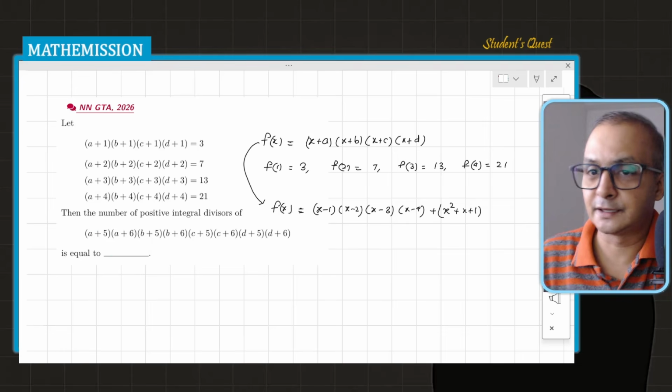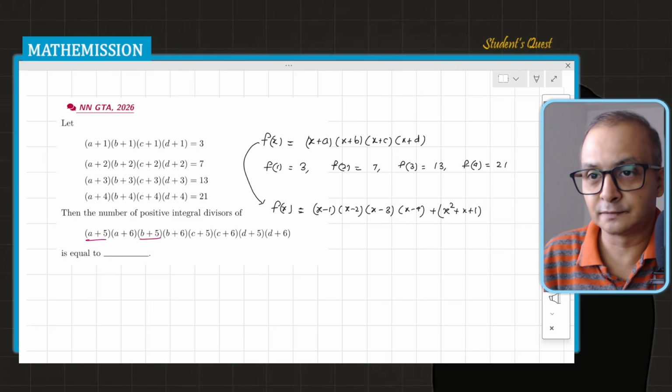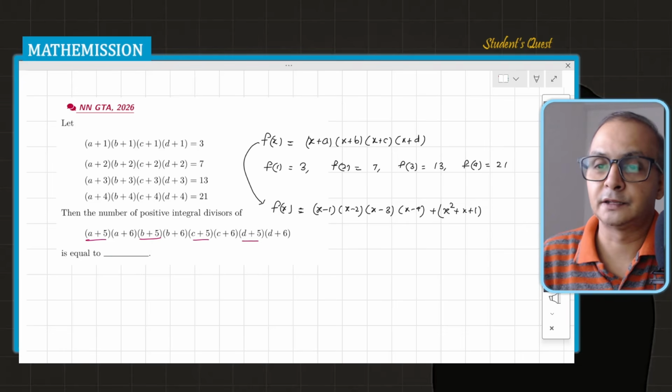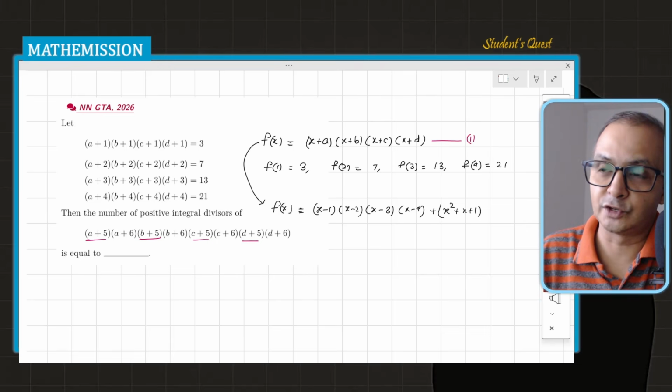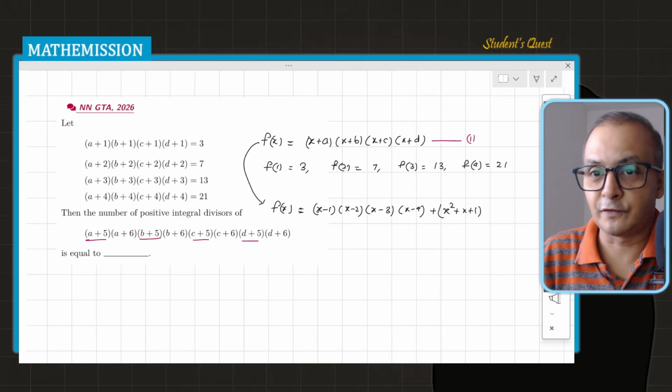Let me mark it. All the red ones are nothing but the substitution of 5 in this f(x) expression. So let's call this expression E, which is nothing but f(5) into f(6).